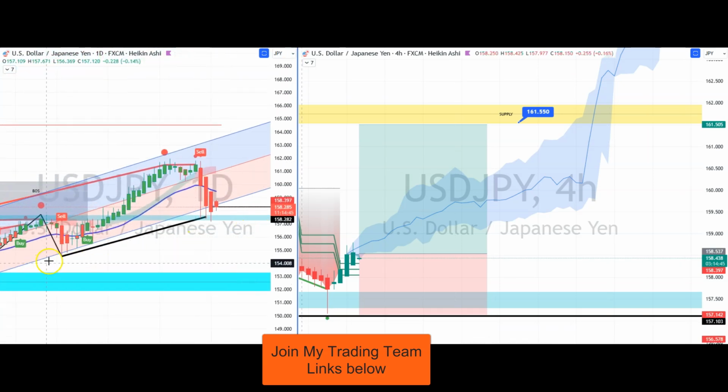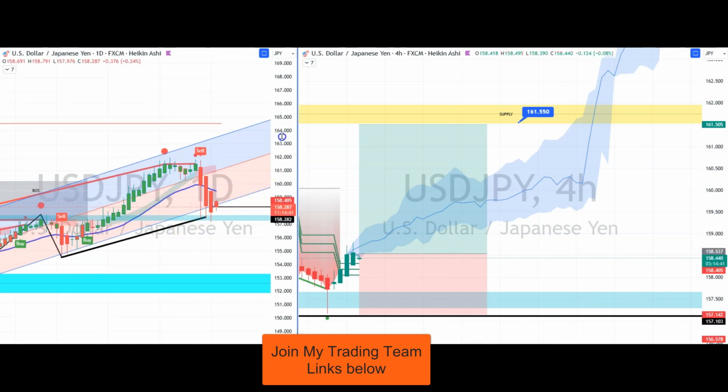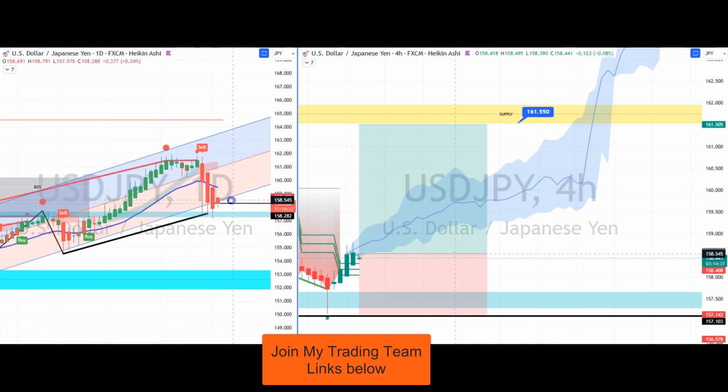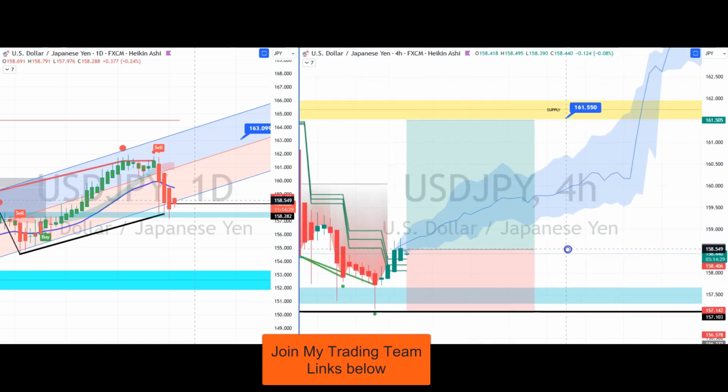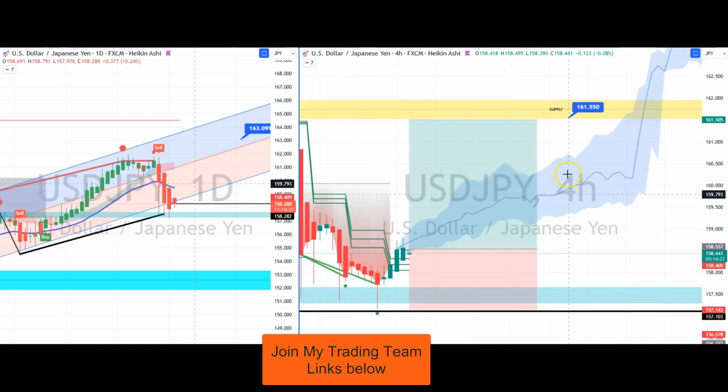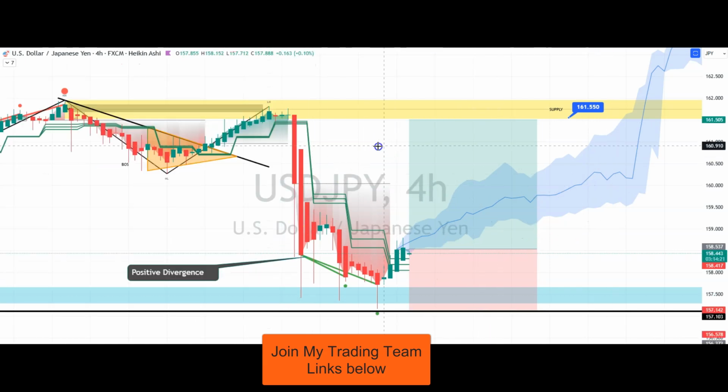So we can see the very strong upward momentum trend, and the price is hitting this order block as well at the same time. So we have confluence in the market, and of course our indications are that the future price is going to go up to 161.55.